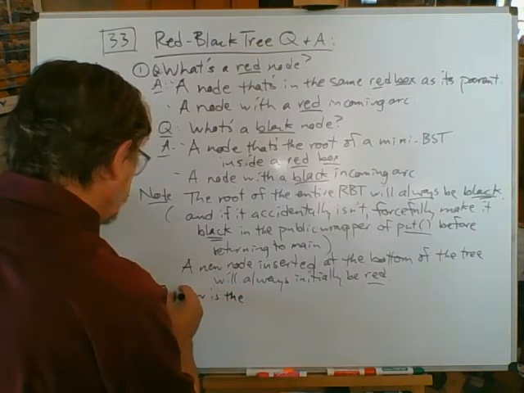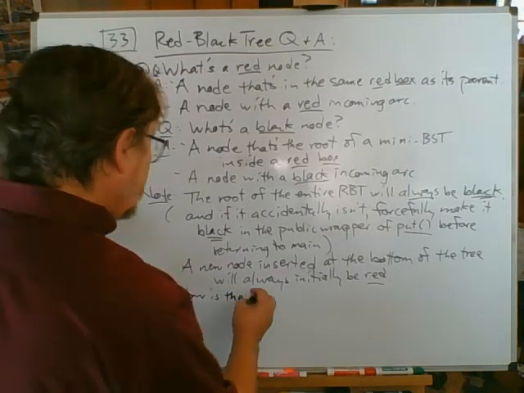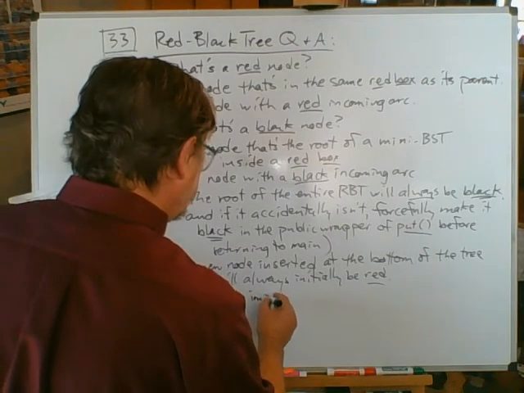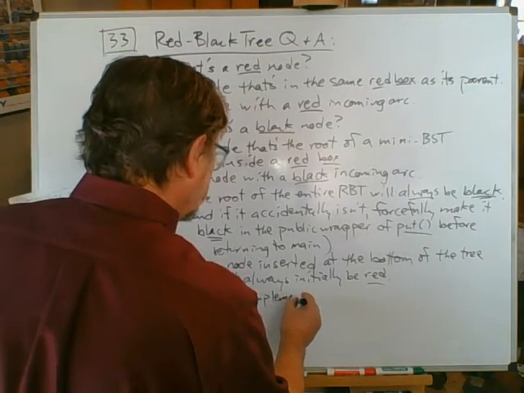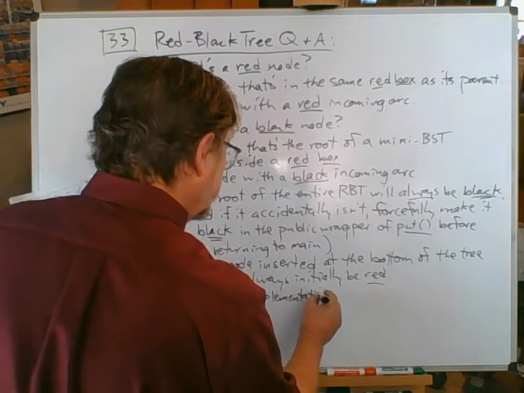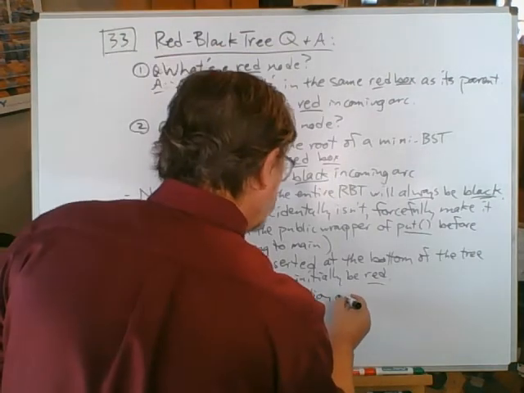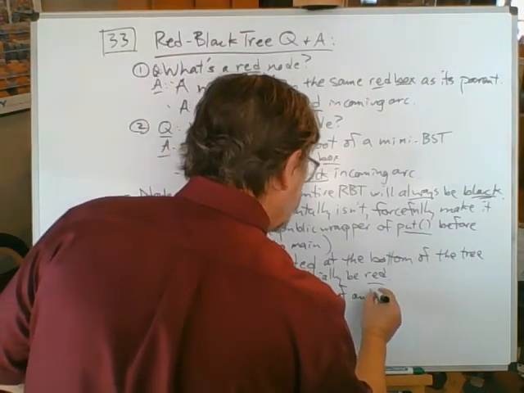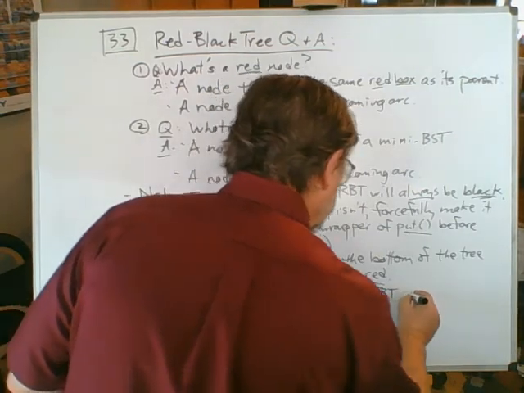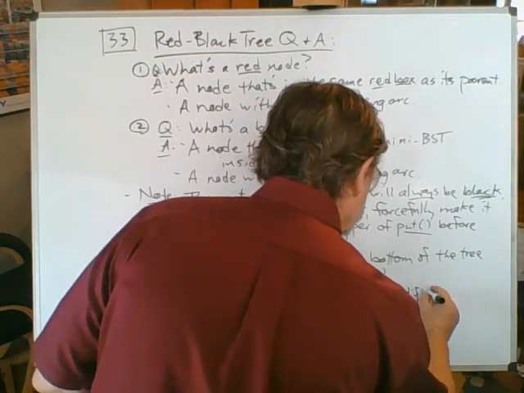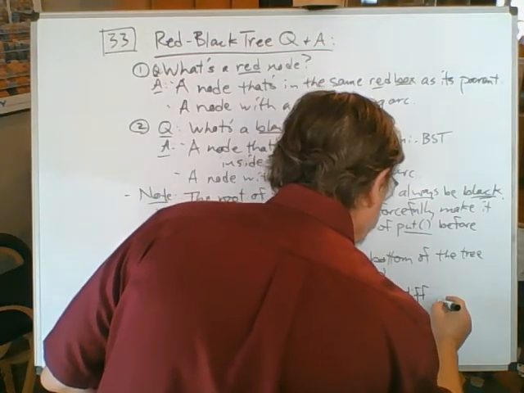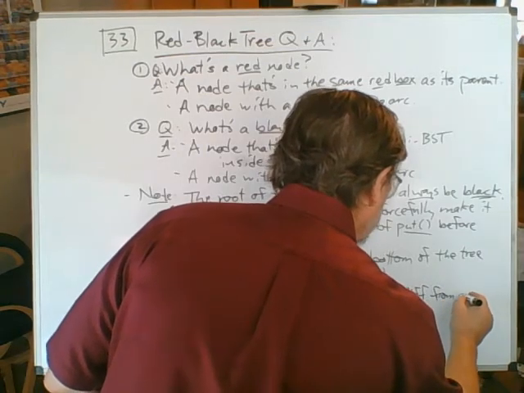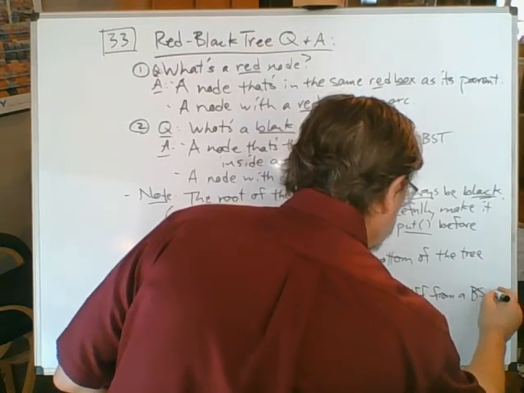How is the implementation, in general terms, of an RBT, red-black tree, different from a BST?